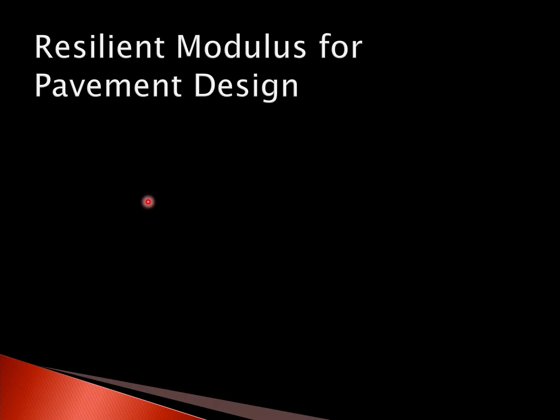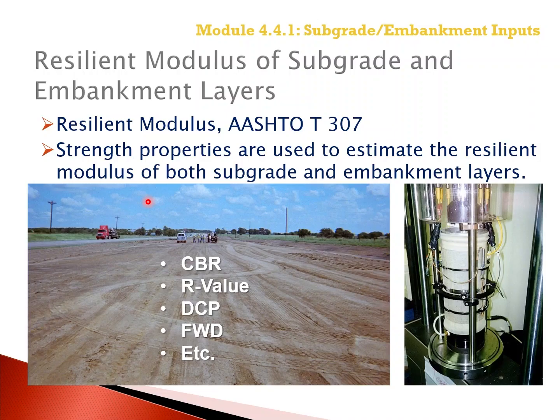So now let's look at resilient modulus for pavement design. In fact, determining the design resilient modulus from AASHTO T307, which is defined as the quasi input level 1, is what we're going to focus on. So the procedures used to estimate the design and/or starting resilient modulus for flexible, semi-rigid, and rigid pavement design. The design resilient modulus can be estimated or determined from AASHTO T307.